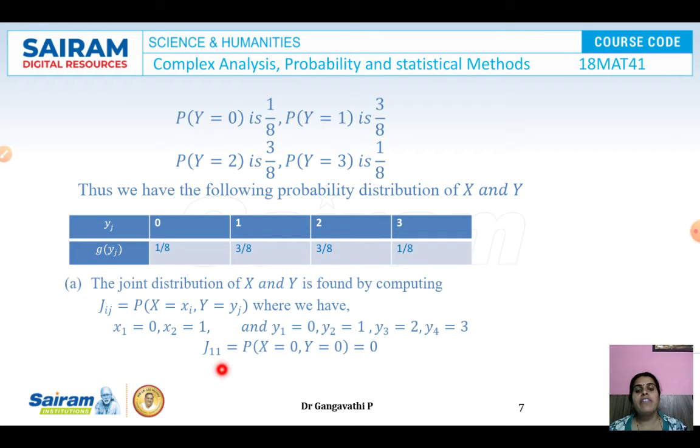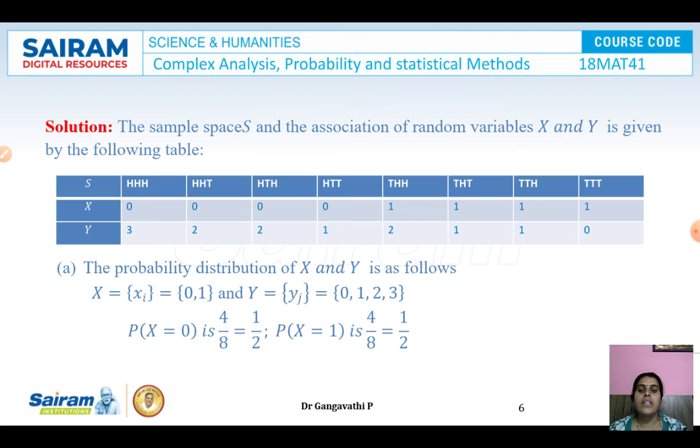So J11 is the probability of x equal to x1 and y equal to y1. The x1 value is 0 and the y1 value is also 0. Looking at the table, P of x is equal to 0 is half, which is 1 by 2.